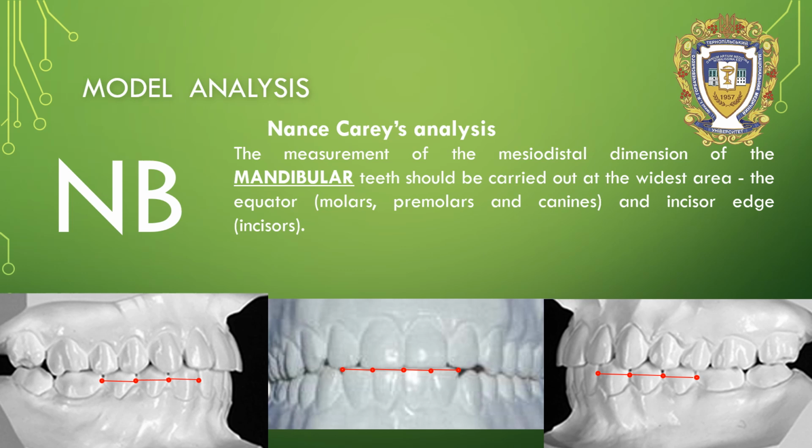But the widest area of the lower incisors is the incisal edge, instead of the upper dental row, where the widest area of incisors is the equator. Please remember it.